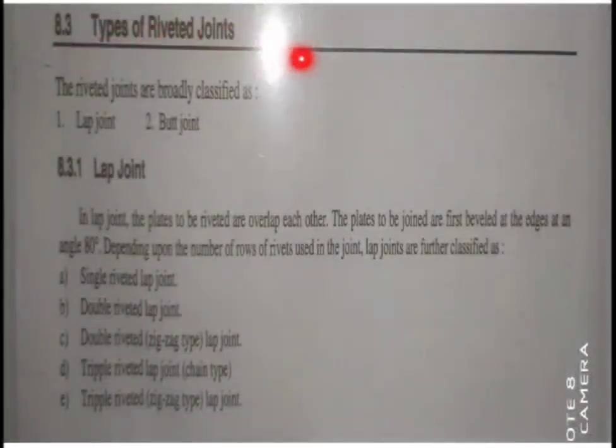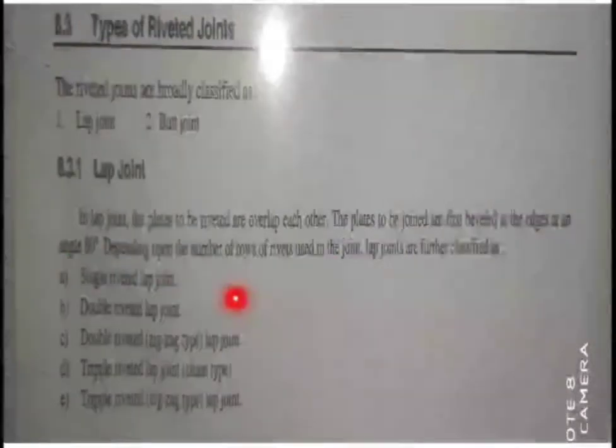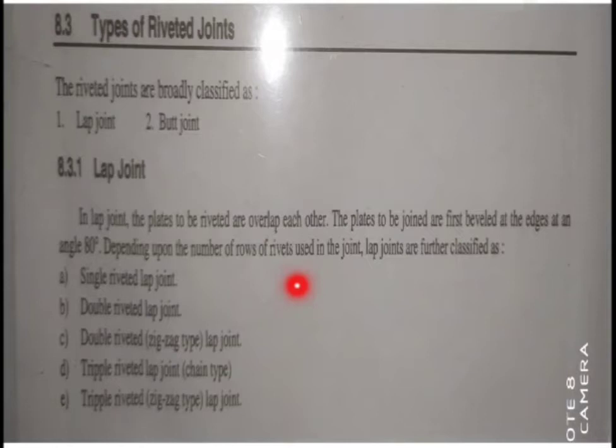Now the types of riveted joints. Riveted joints are broadly classified into lap and butt joints. In the lap joint, the plates to be riveted overlap each other. The plates to be joined are first beveled at the edges at an angle of 80 degrees, depending upon the number of rows.